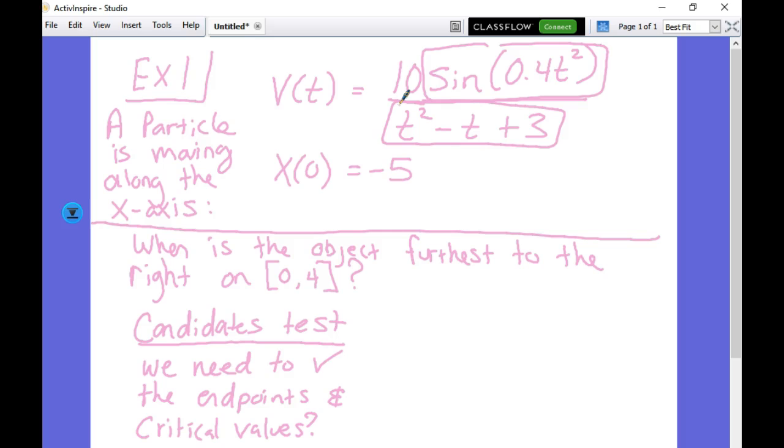But technically, if the roots down here were on this interval, that would be bad because then you would have a point of discontinuity. And then technically you wouldn't be using the candidates test. That's a good observation.